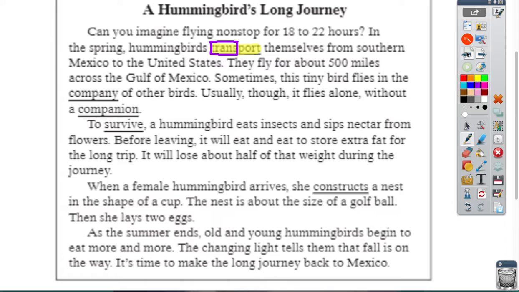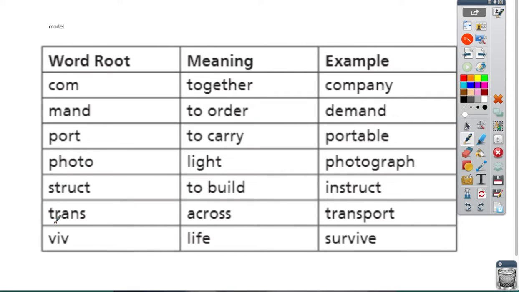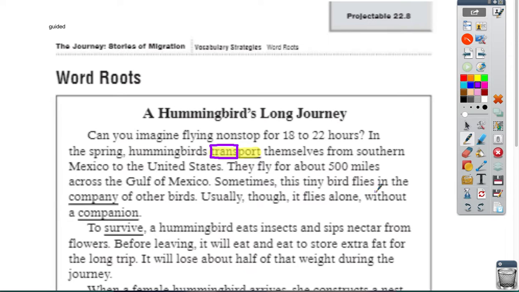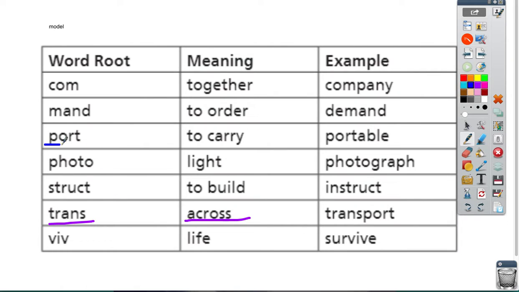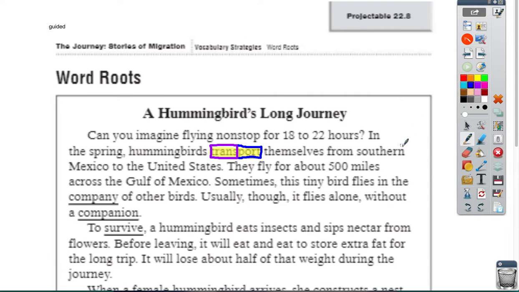If you look back at our chart, trans means across. So for the example transport, it means to carry something across. And I don't know if you noticed this, but we even had another word root, port. Looking back to our chart, port means to carry. So the hummingbirds are carrying something across, which is what they're doing. They're carrying themselves across the world.